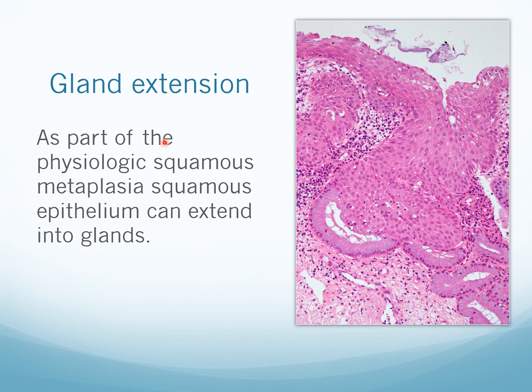Sometimes the normal squamous epithelium extends down into these endocervical glands. This is called squamous metaplasia because the glandular epithelium is turning into the squamous epithelium and is entirely normal and physiological.